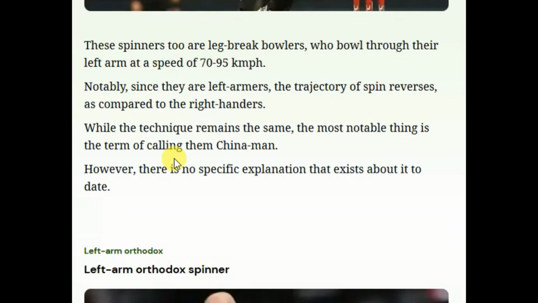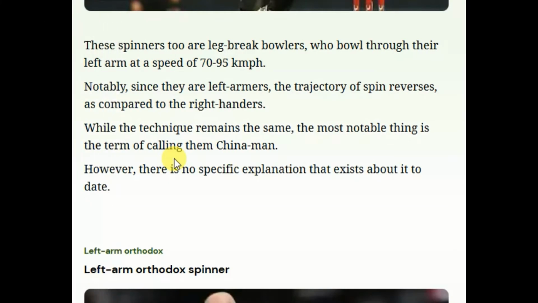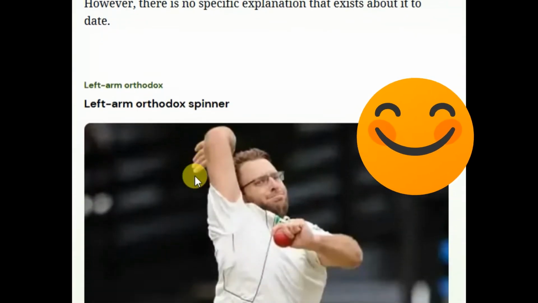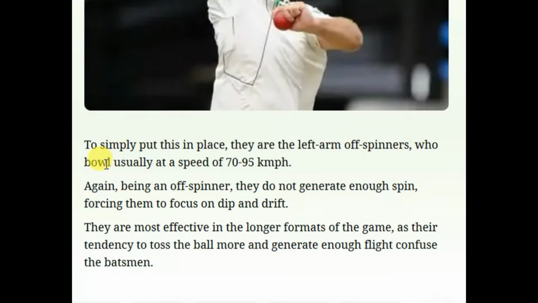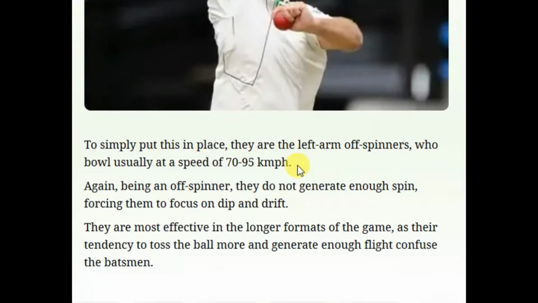This type of bowler is very rare, and we have to be very expert to play this kind of bowling. Now here there is a left arm orthodox spinner, which is also called left arm off spinner bowling, like Daniel Vettori bowling this type of bowling.